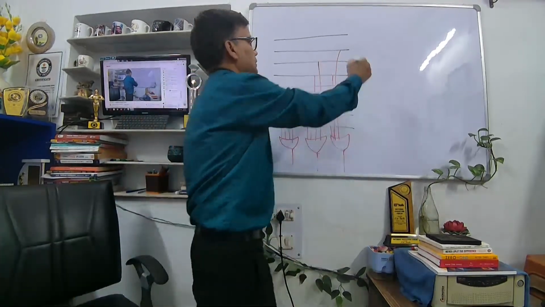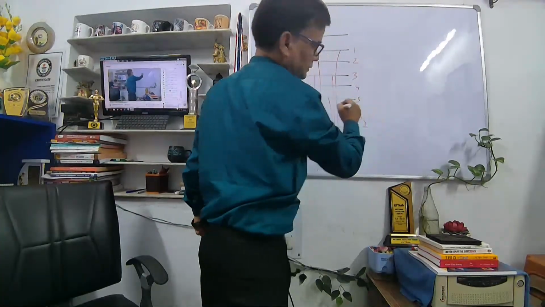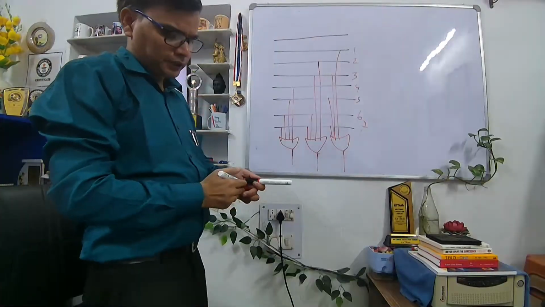This is for the encoder. 0 1 2 3 4 5 6 7. Right. So this is the encoder circuit.